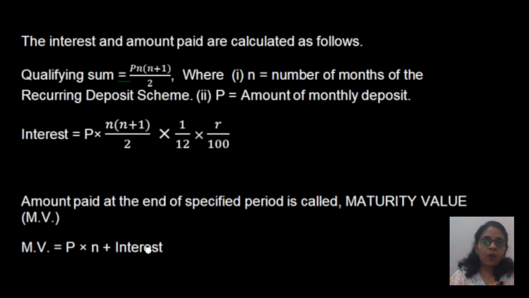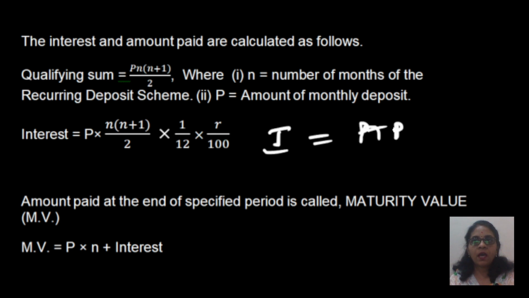The interest and amount are calculated by using the formula I is equal to PTR by 100. Familiar, right? It's the formula for simple interest. So, basically the interest in your recurring deposit is found using simple interest.